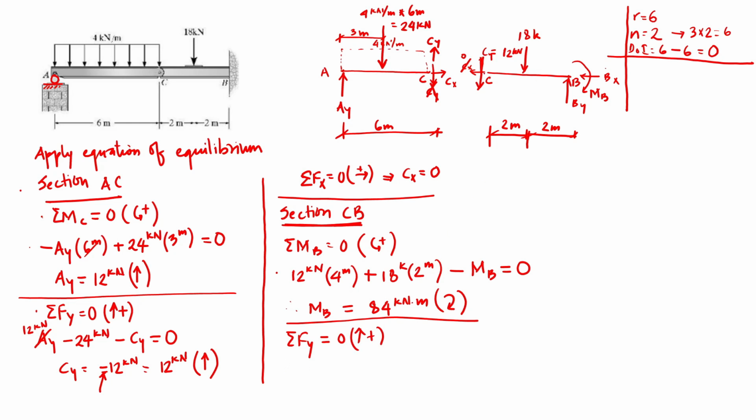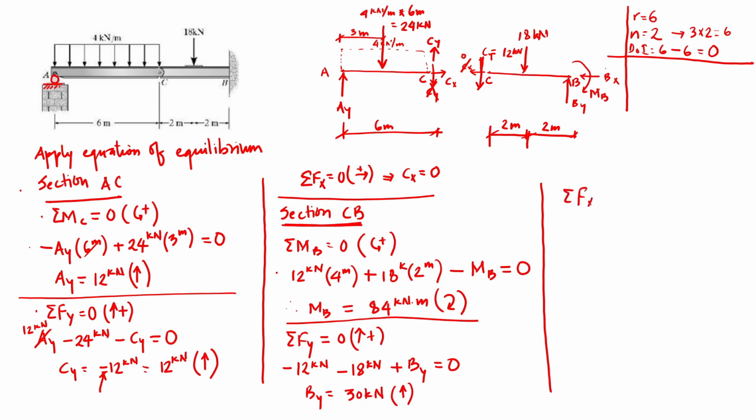We start from the point C. We have negative 12 kilonewton, that is CY going downwards, negative 18 kilonewtons, which is acting downwards, and then vertical reaction upward, BY equal to 0. If we solve this, we get the vertical reaction BY would be equal to 30 kilonewtons, and our assumption of upward force is true because we got the positive value.